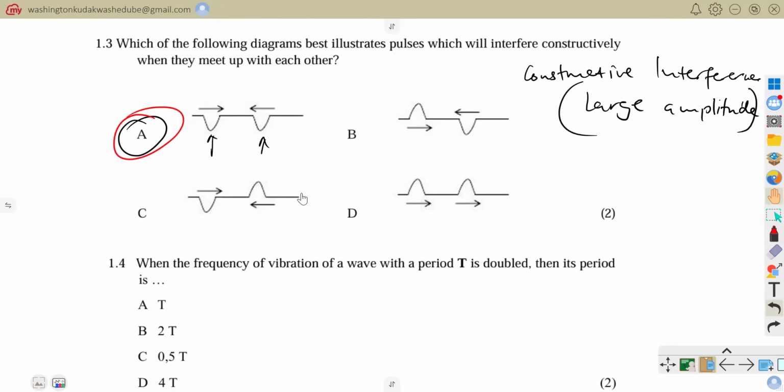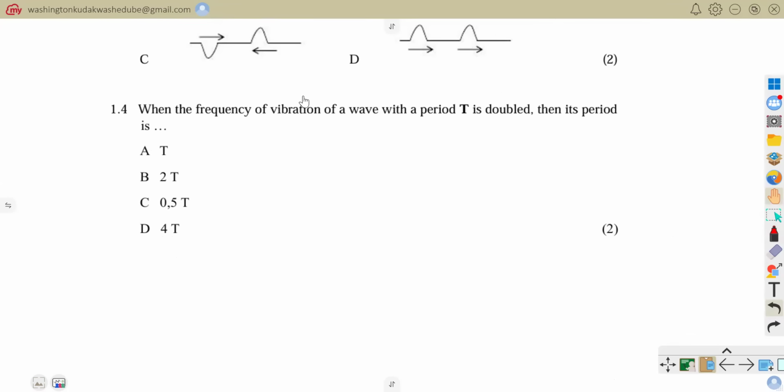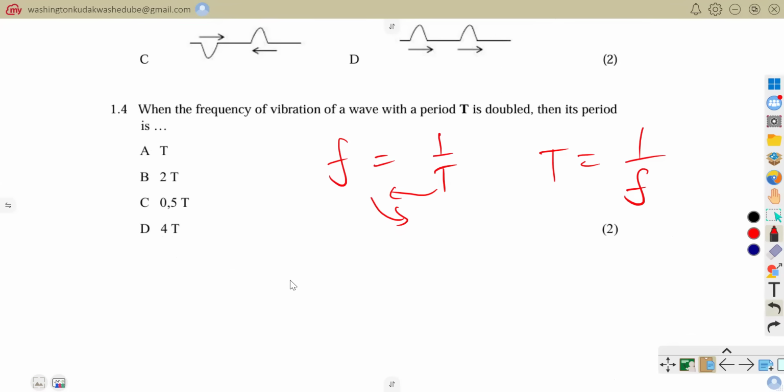Now let's look at 1.4. 1.4 is saying when the frequency of vibration of a wave with a period t is doubled, then its period is what? We know that frequency can be given by 1 over t, and if you interchange these two, your period will also be given as 1 over the frequency.